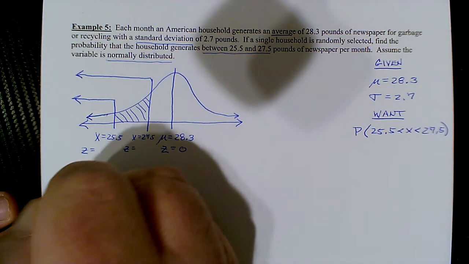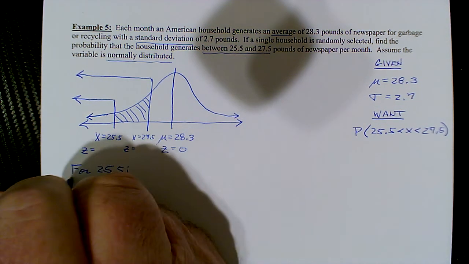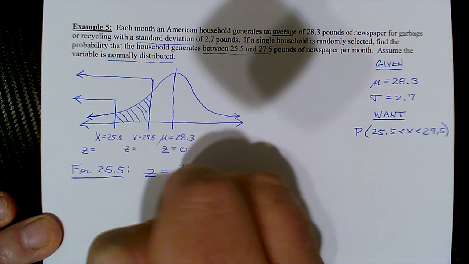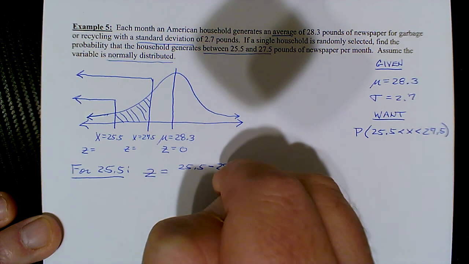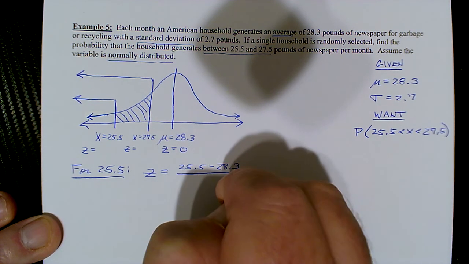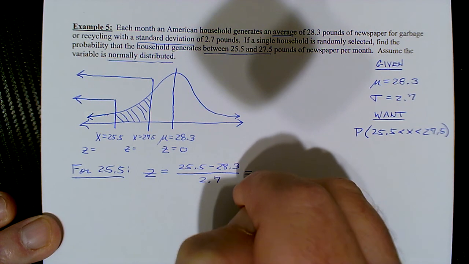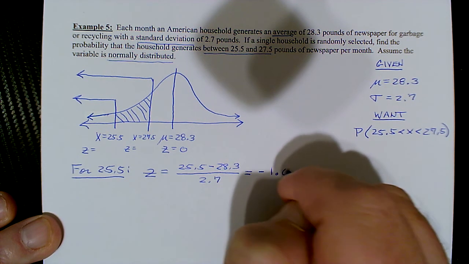So for 25.5, we have z is x 25.5 minus mu 28.3 over sigma 2.7. And that comes out to be negative 1.04.